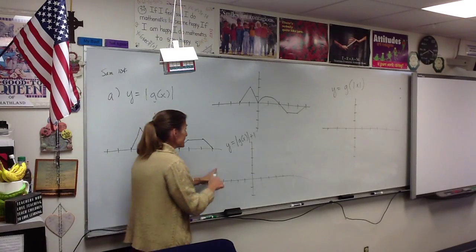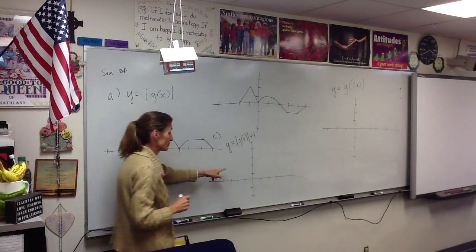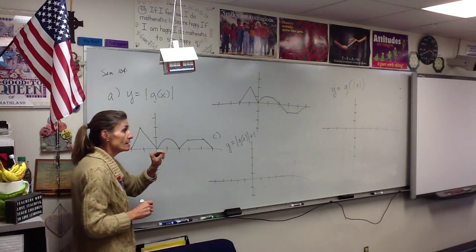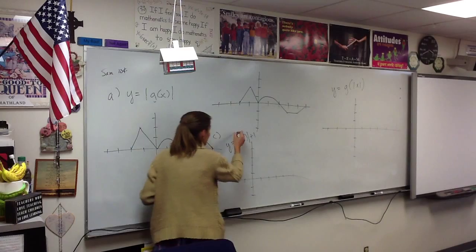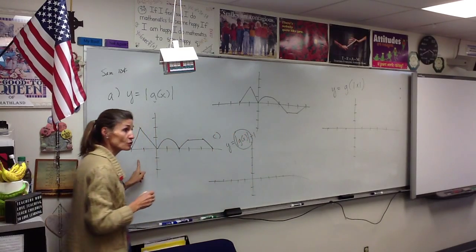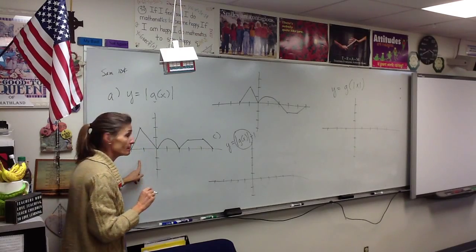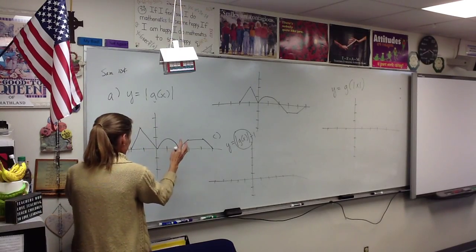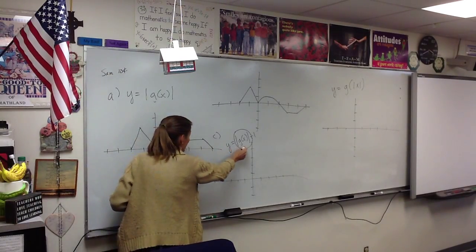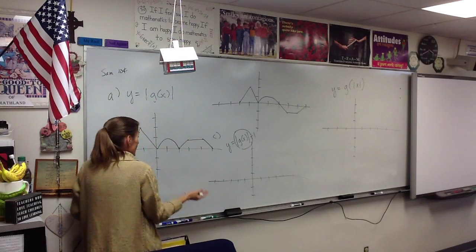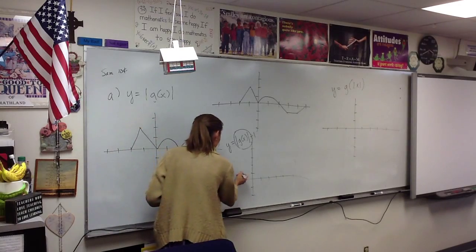Now I want to do C next. This is problem C. Because C takes this, which is what I just graphed, right? And takes it up one. So I'm going to take this exact picture, which is right here, that's what I just graphed, the absolute value, and I'm going to lift it up one.